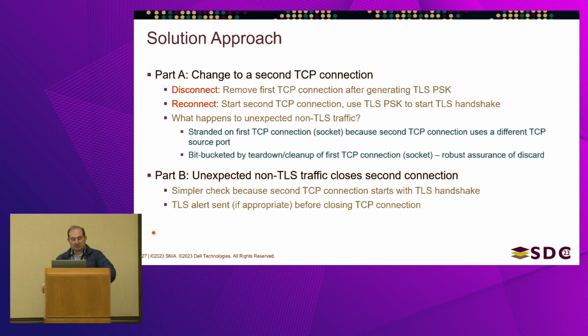Part B, if there is unexpected non-TLS traffic on the second connection, this will close the second connection. And this is now very easy to detect because it will clearly be an attempt at a security violation, because the second connection will start immediately with a TLS handshake.